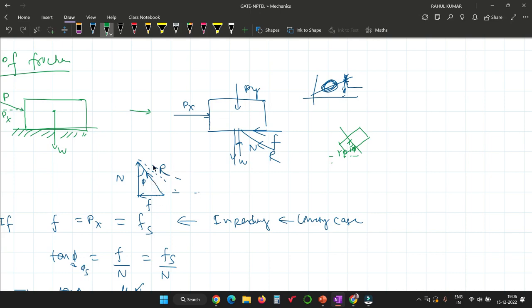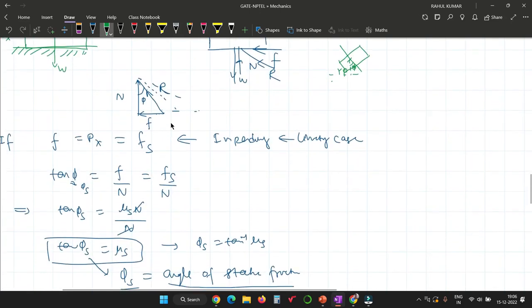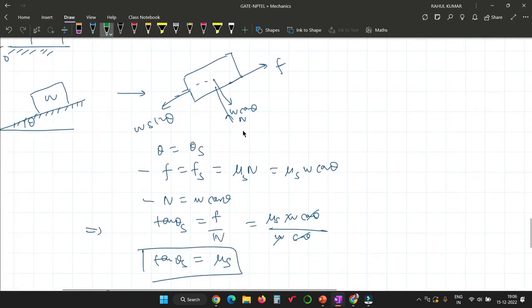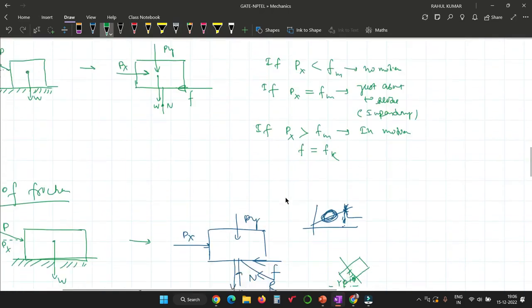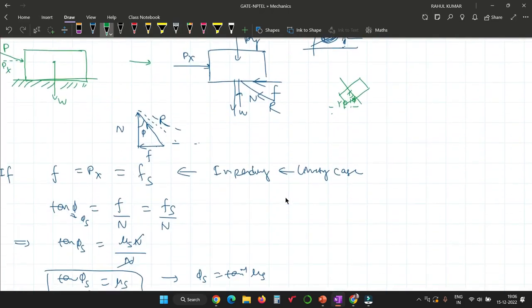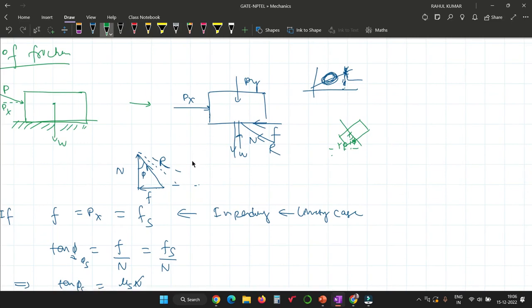Here it is a reaction, it is a resultant. Here the resultant is normal force. Please repeat the last point. I am saying that here I am assuming phi is the angle between resultant force and n.